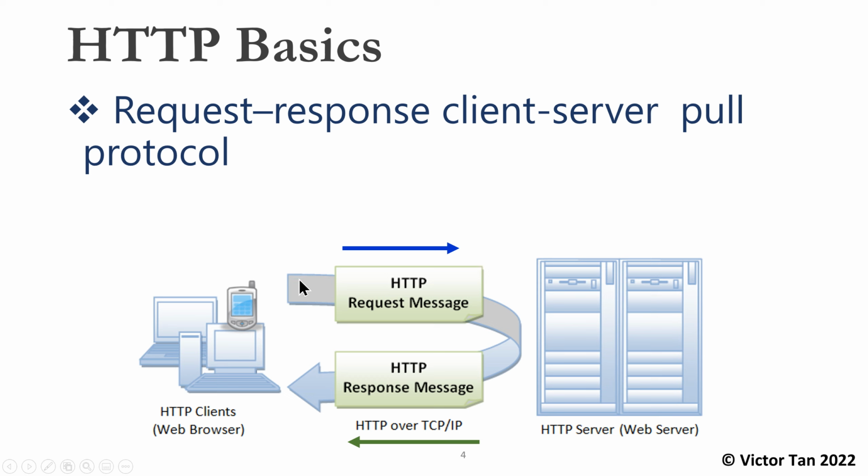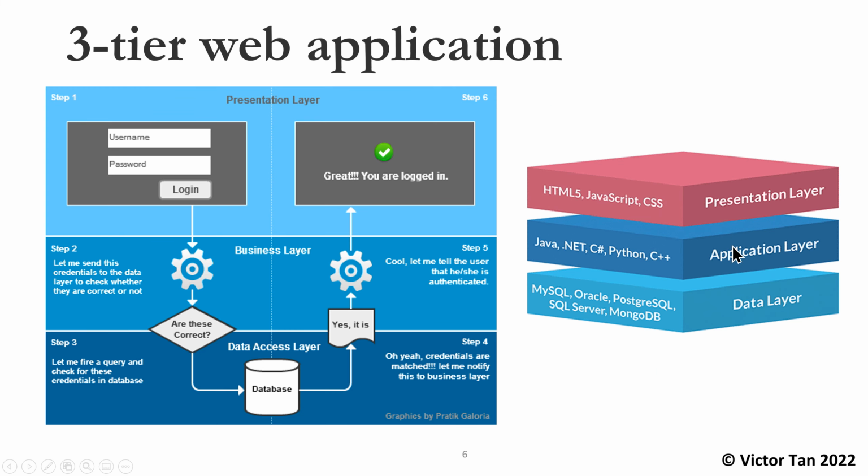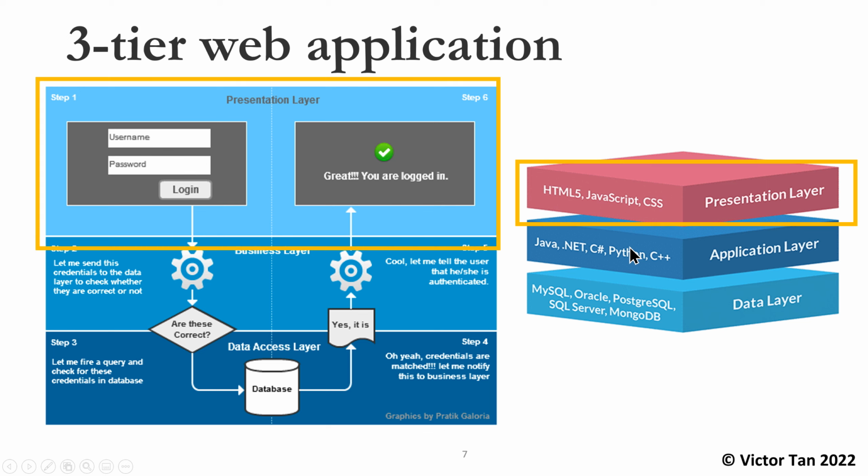So it's going to send an HTTP request message to a web API that's exposed by the application layer portion of your web application. Okay, so that's how the presentation layer is going to communicate with the application layer.